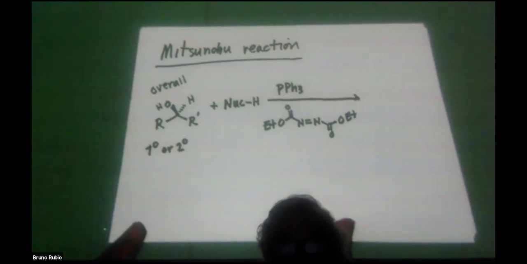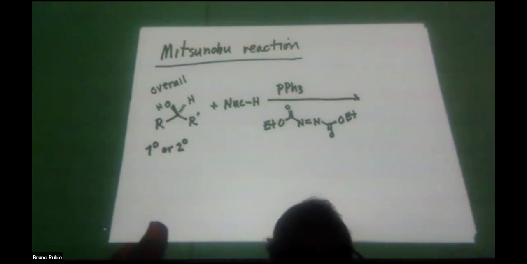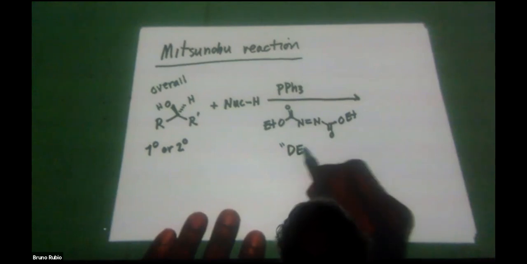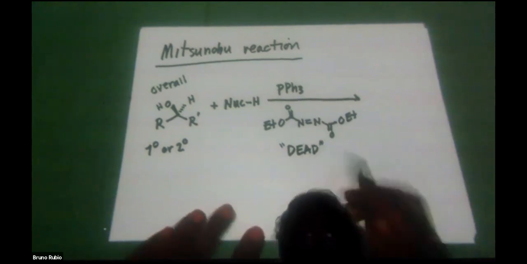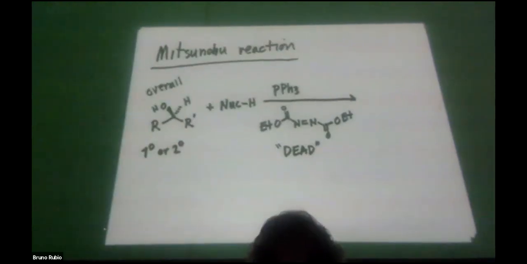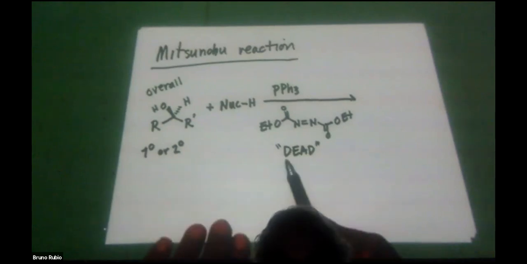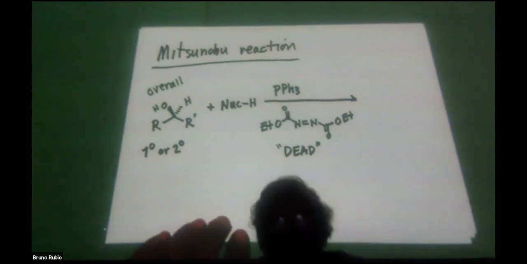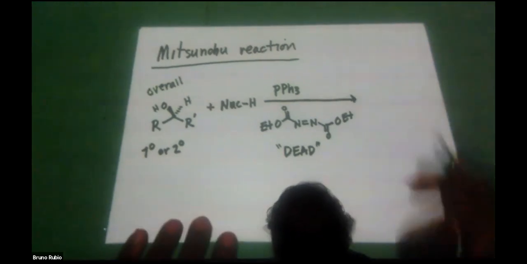But that takes an awful long time to say, and the structure takes an awful long time to write, so the acronym for diethyl azodicarboxylate is DEAD. So anytime you see DEAD above and below the arrow, you know you're in the Mitsunobu reaction.